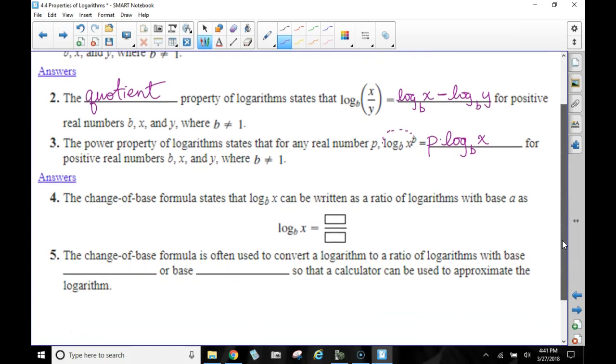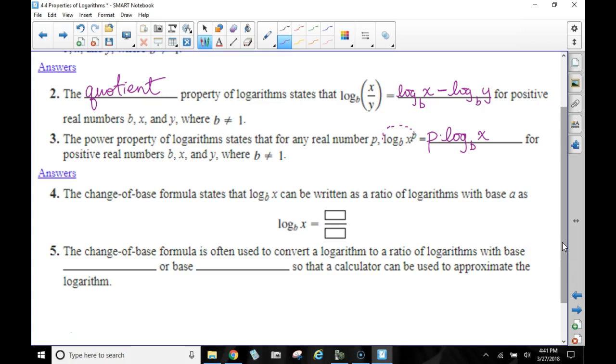The change of base formula says that the log of x with base b can be rewritten as a base of a, okay, as the log of the argument x with base a, new base a, over, y'all now have to put the log of b with base a. Argument on top, base on bottom.